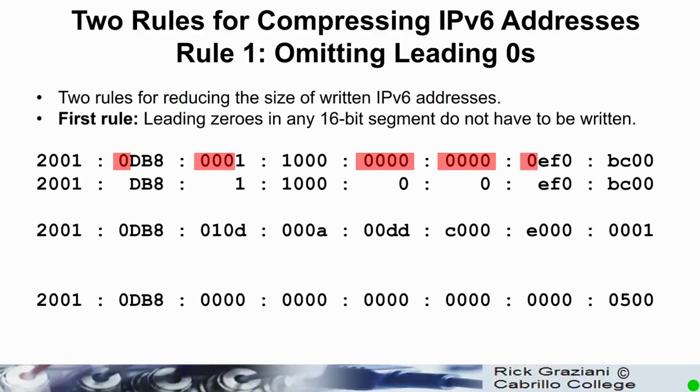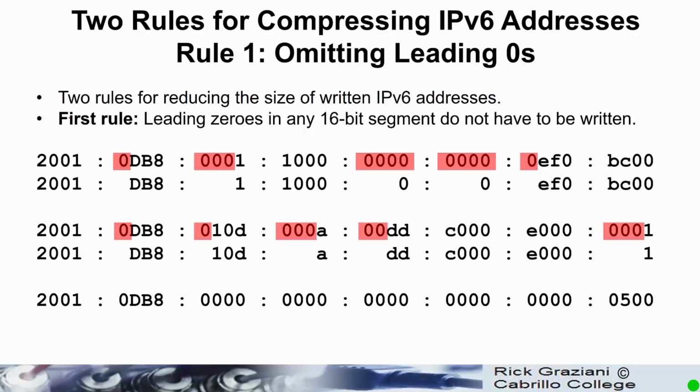You'll notice in the third group of leading zeros, we remove the first 3 leading zeros. But to help keep this organized, we leave the 4th 0 in place. Any leading zeros we can remove.